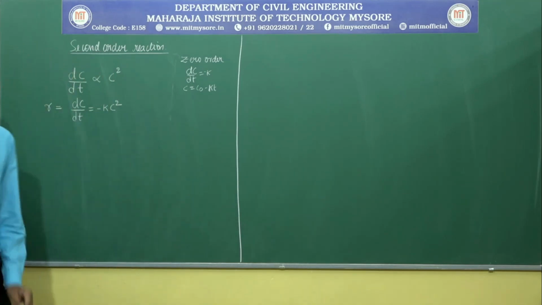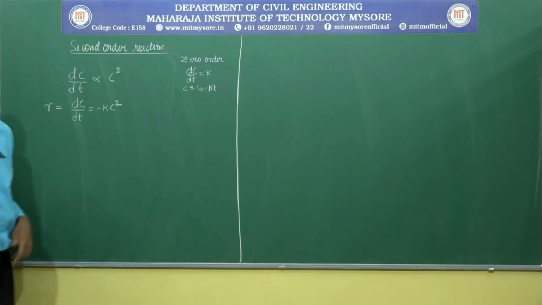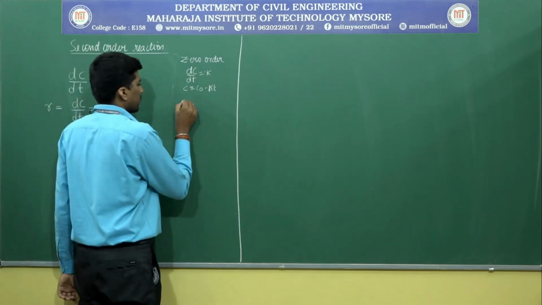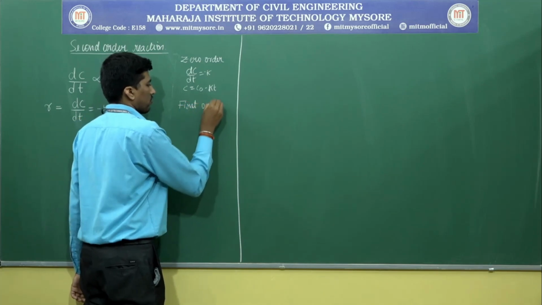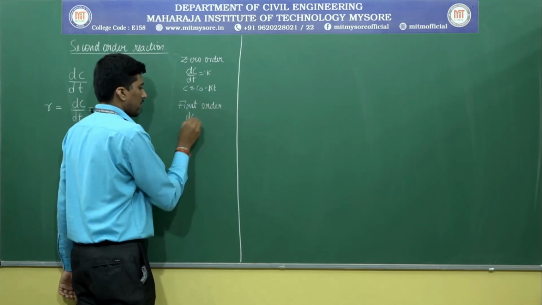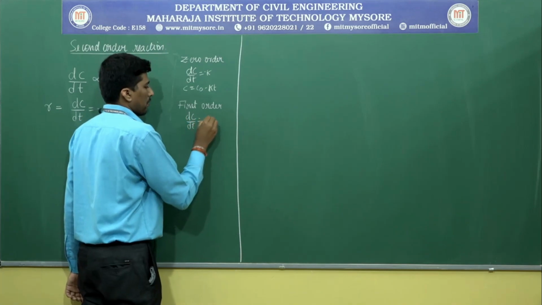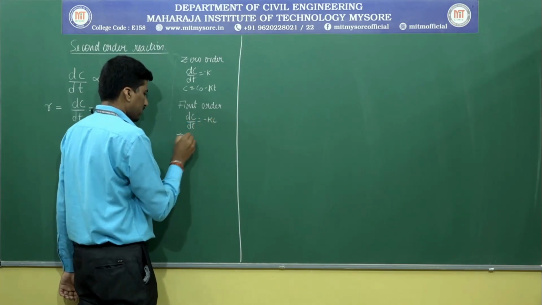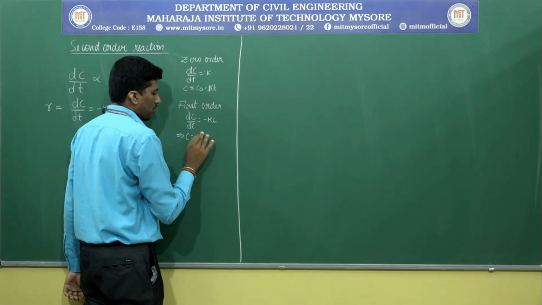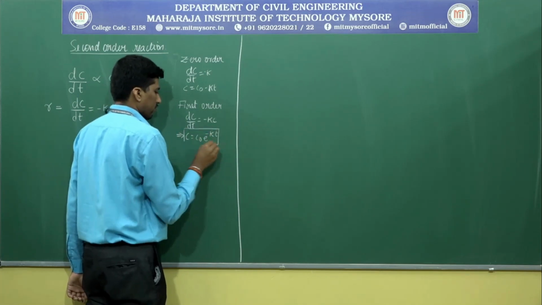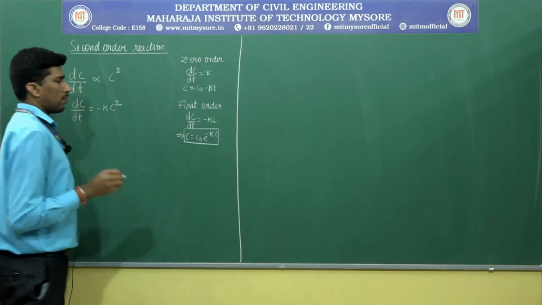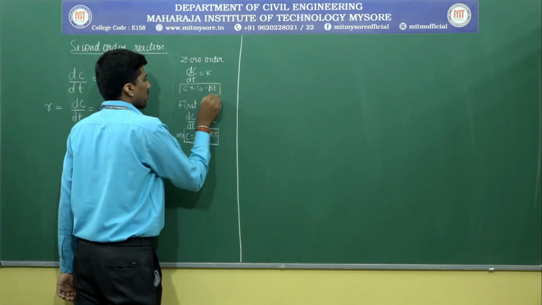This is one expression that you come across. And in the case of the first order, dc by dt is equal to minus kc, which implies that c is equal to c naught into exponential of minus kt. Is the point clear?